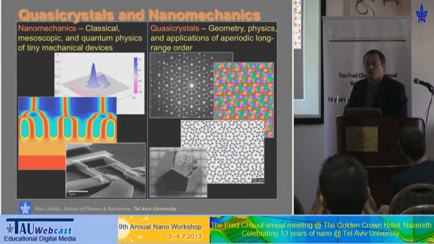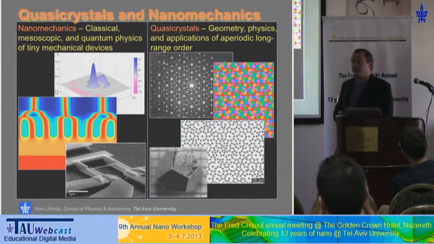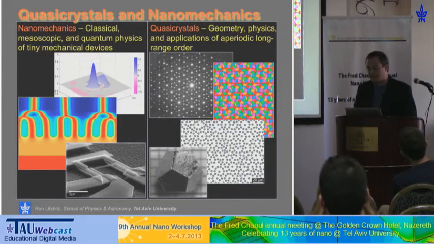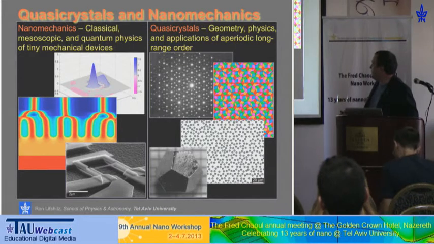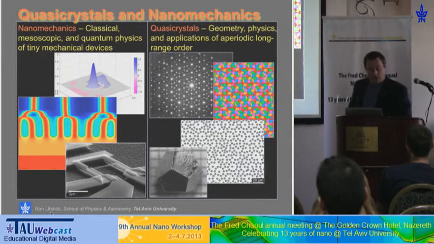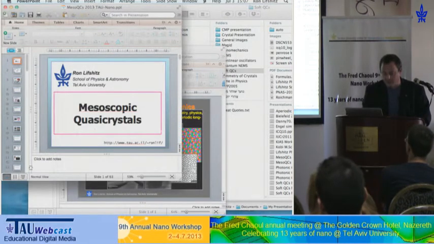Those of you who were here 3 years ago, I gave a talk about nanomechanics focusing on quantum dynamics of nanomechanical systems, but we also look at classical and mesoscopic, the in-between dynamics between the classical and the quantum. And today my talk will be on this side of the slide on quasicrystals, where also we have a variety of interests in this field. And I'll try to give you an overview of some of the things.